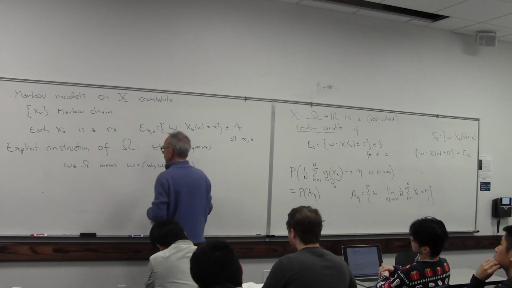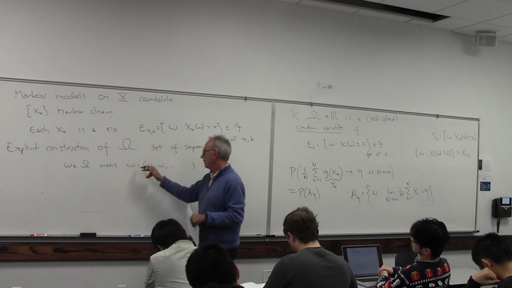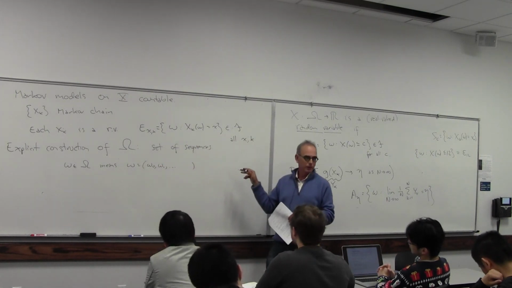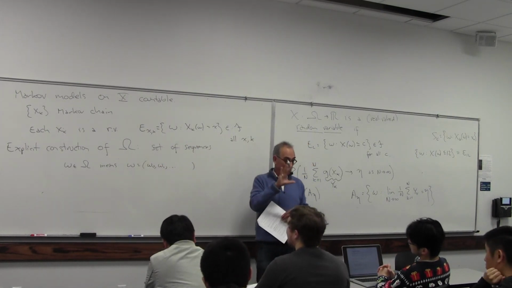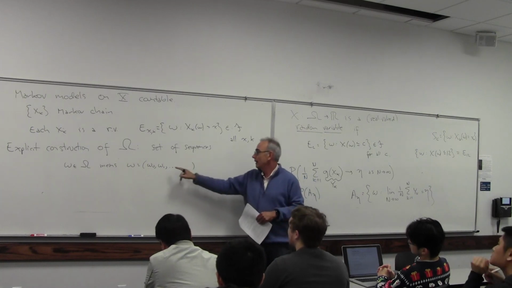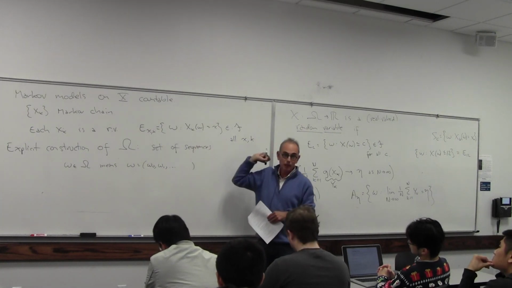If I write omega in capital Omega, it means that little omega is a sequence, where each element is in this countable space.